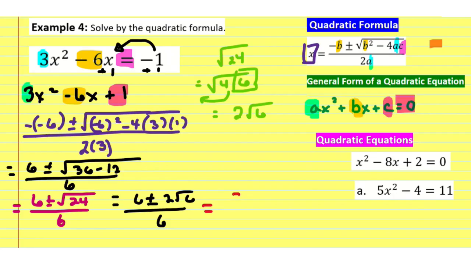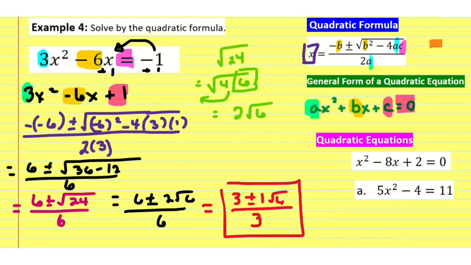So 6 divided by 2 is 3, plus or minus 2 divided by 2 is 1, radical 6. And in the denominator, 6 divided by 2 is also 3. So this provides us with both of our solutions, or x-intercepts, for our original quadratic that we started out with.